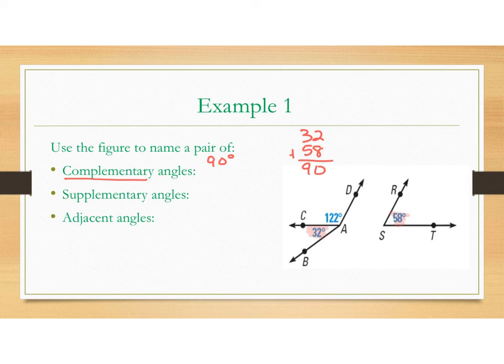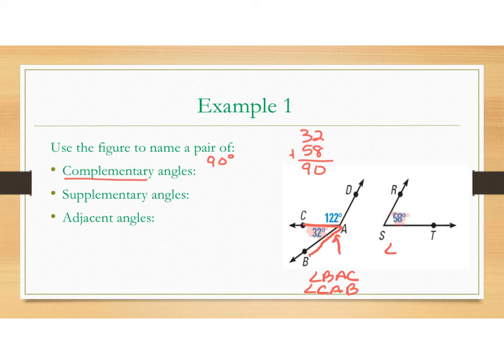I'm going to add that, see if it gives me 90. It does. So I'm going to name this with 3 letters because I can't just call this one angle A, so I need to use these 3 letters. I'm going to name this angle 32 either BAC, or I could go in reverse. The A has to be the middle letter. And then over here, it doesn't matter.